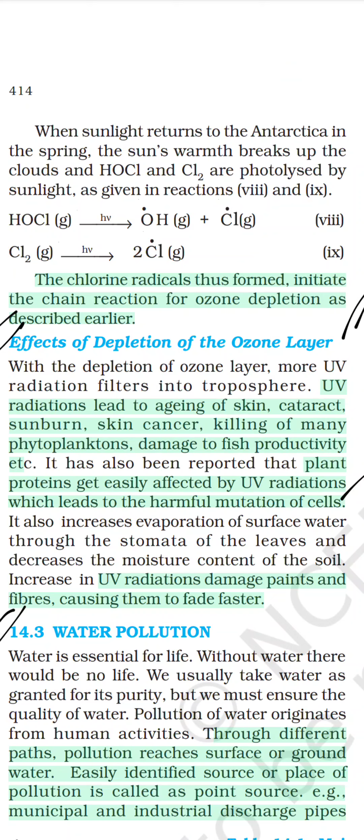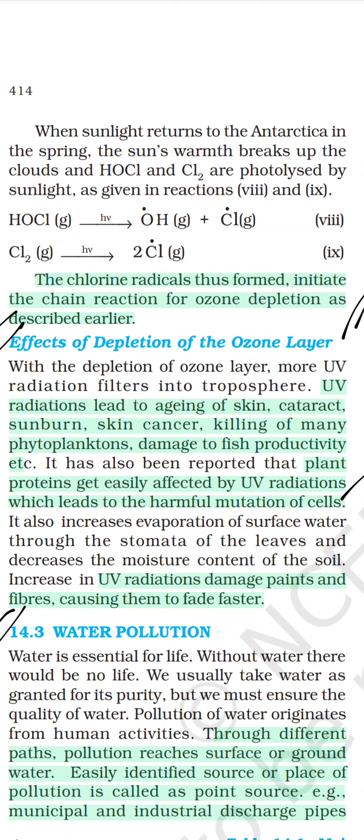Next, water pollution. Water is essential for life. Without water, there would be no life. We usually take water for granted for its purity, but we must ensure the quality of water.